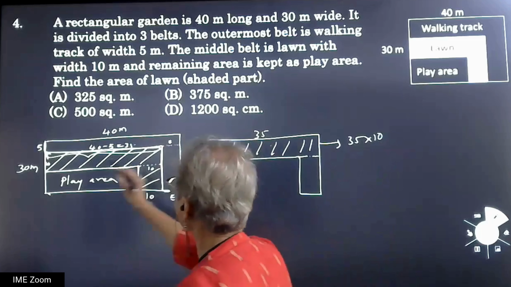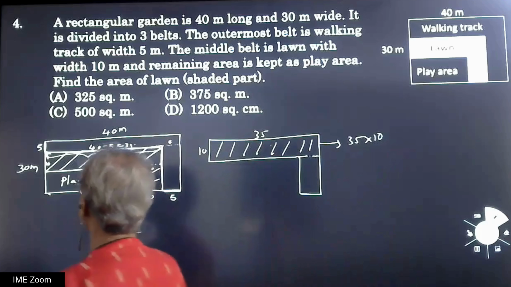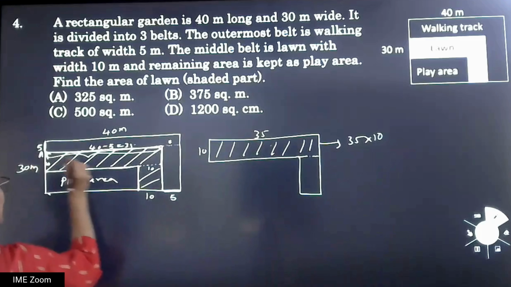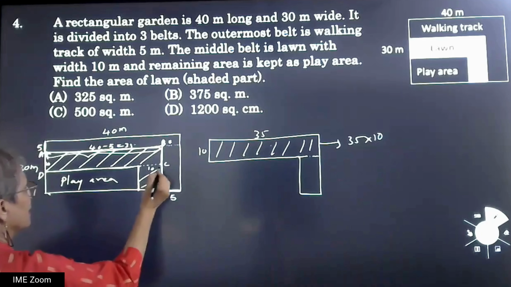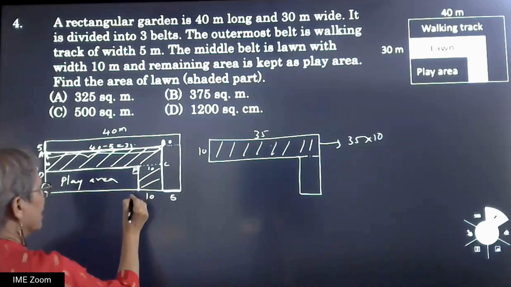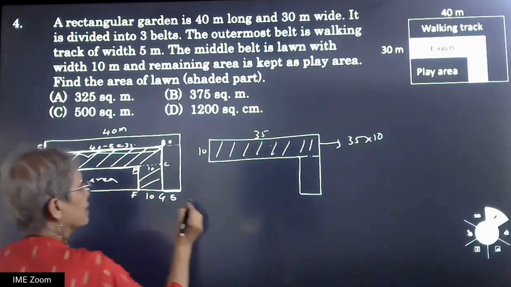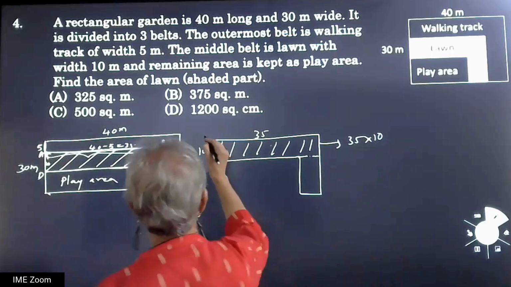Okay, area of this rectangle. You can give names also. Say A, B, C, and D. And here it is E, F, and G. Same names we will give here.